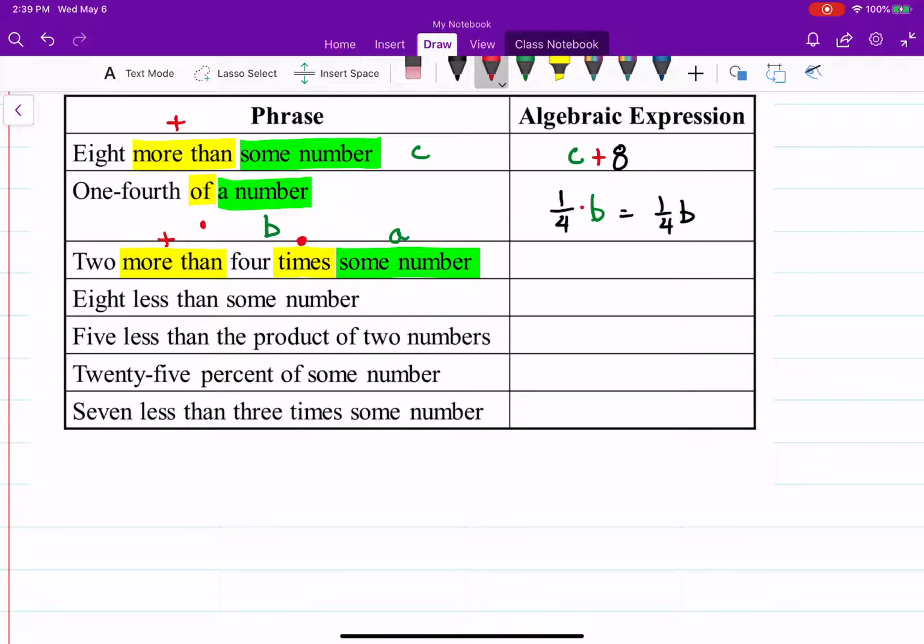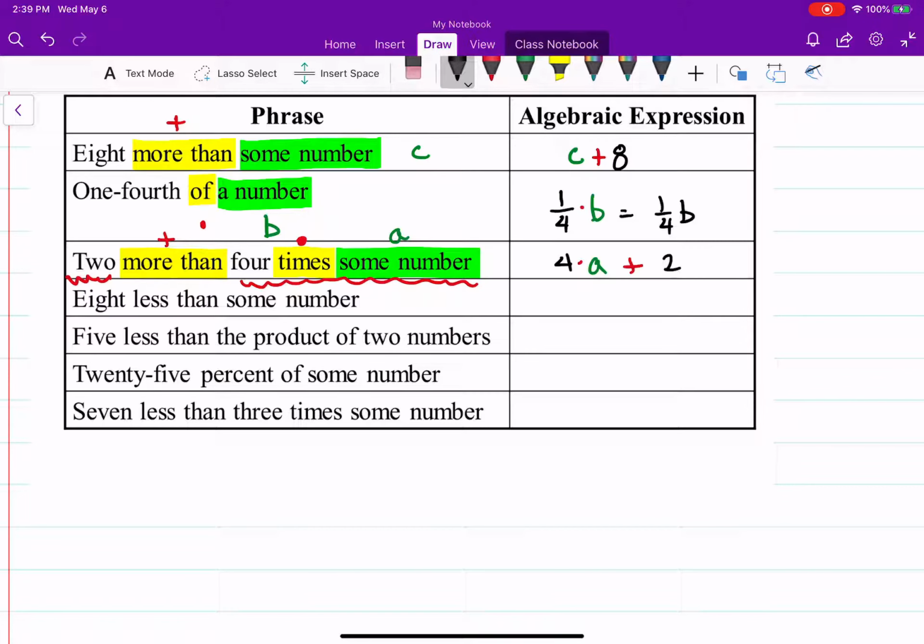But also, with the adding, we're going to have to flip-flop this first part with the second part. Okay, those got to be switched. So how do I write 4 times a number? Okay, so to write 4 times a number would be 4 times the number A, and then we have more than 2. There you go. All right, so I wrote the last part first and the first part last.